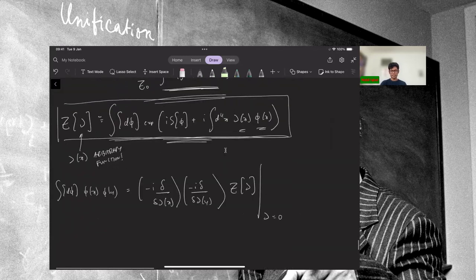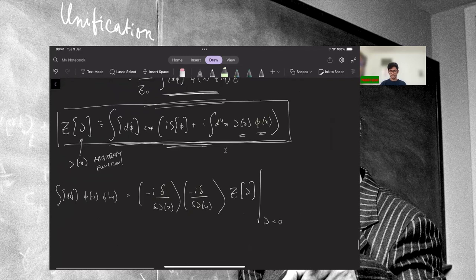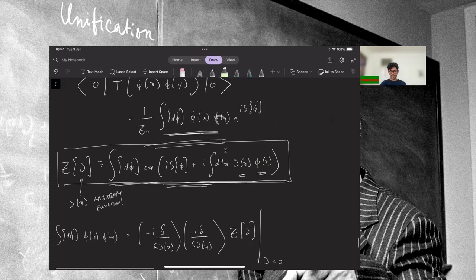So if I take this Z of J and I take one functional derivative here and one functional derivative here, that will bring down a phi of x from here and a phi of y from here. And once I have a phi of x and a phi of y, that's exactly what's happening over here.